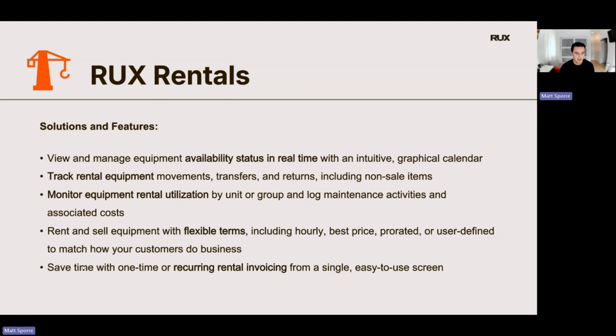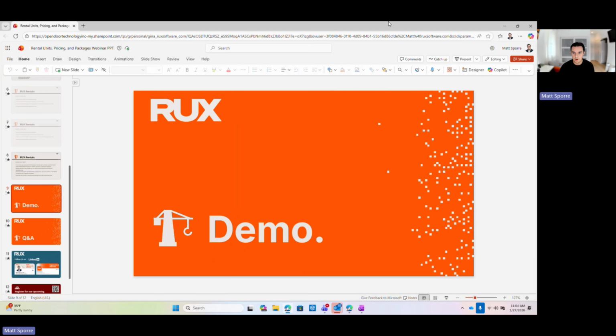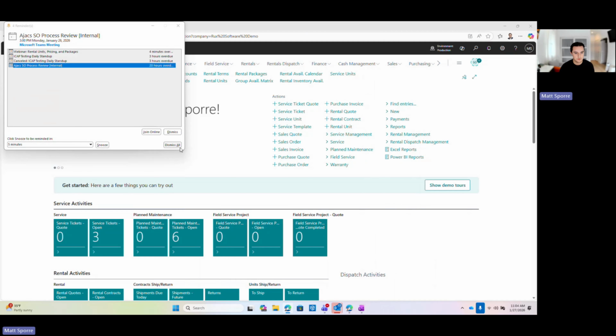And then we can save time with one-time or recurring rental invoicing from a single, easy-to-use screen. Again, we won't get into the rental invoicing worksheet on this webinar, but we do have some pre-canned videos, and we'll definitely be going over that in the next webinar in this series. With that, we're going to go ahead and get right into the live demo.